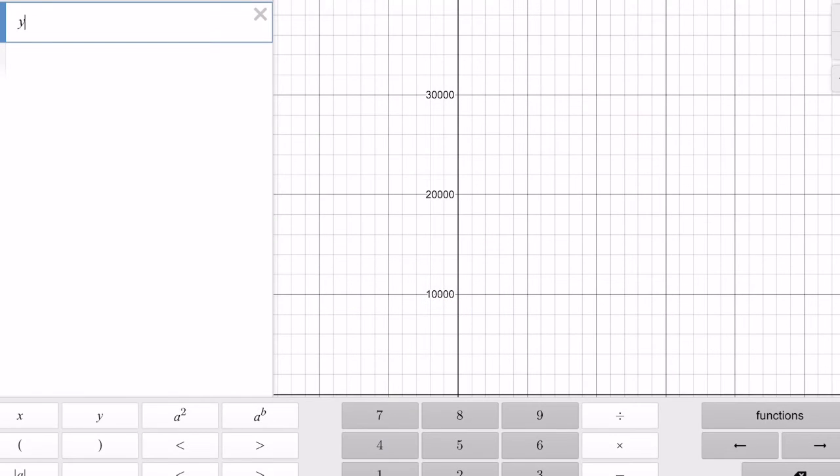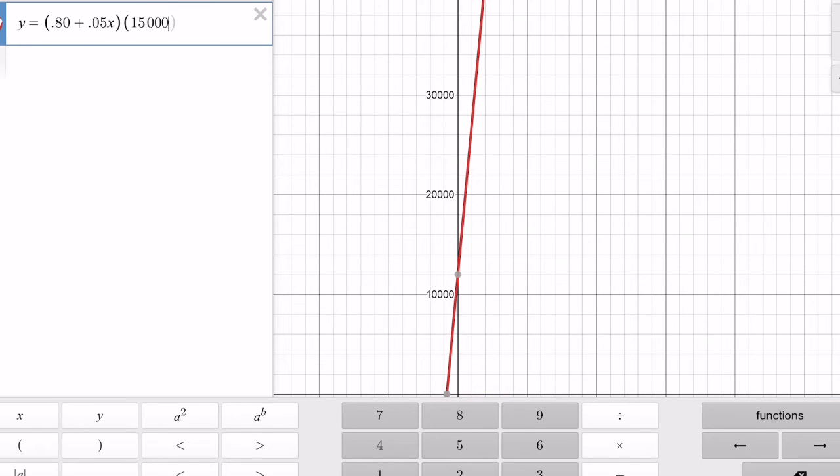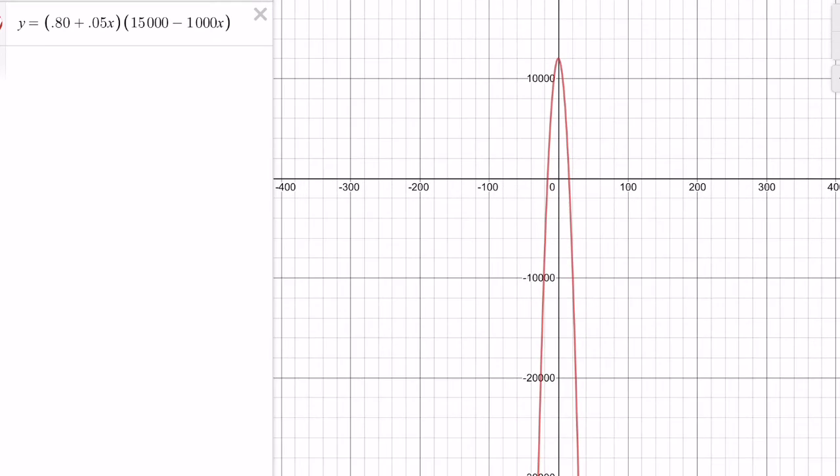So I'm graphing y equals 0.80 plus 0.05x times 15,000 minus 1,000x. So these are pretty big numbers, but my screen's already really big from the example that we did yesterday with the area.